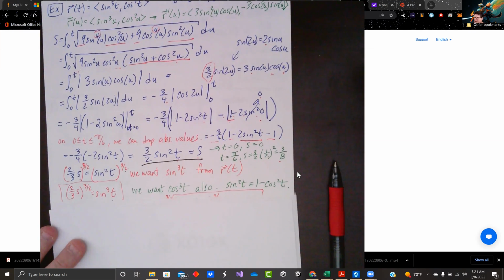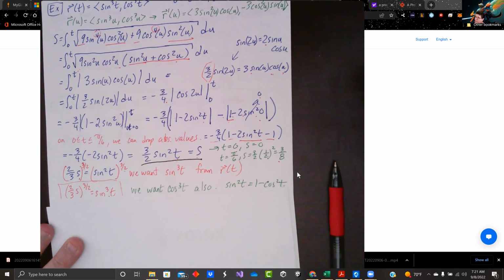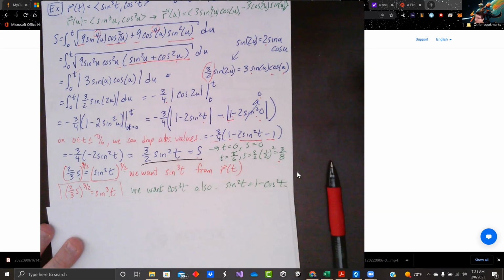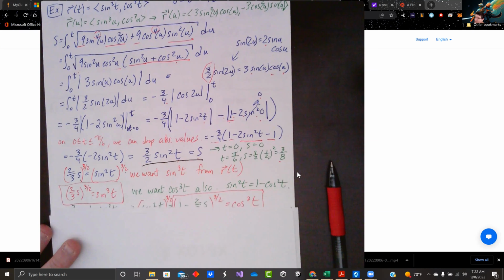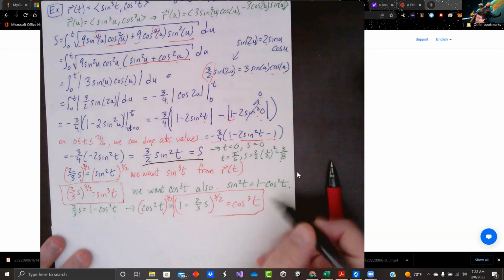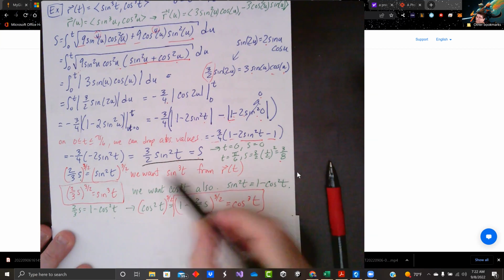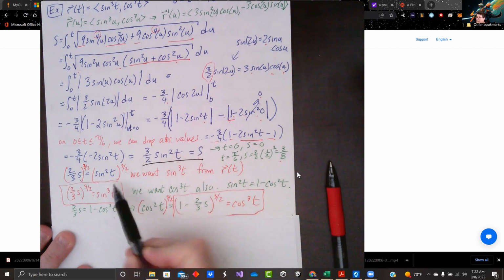We want to do the same thing for cosine cubed t, because that's the y variable. So we'll make this quick substitution here, plugging in 1 minus cosine squared t right here.